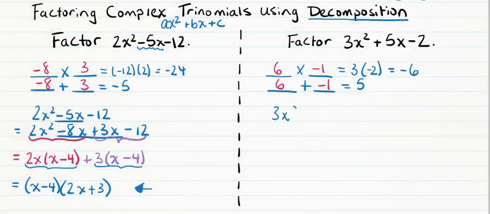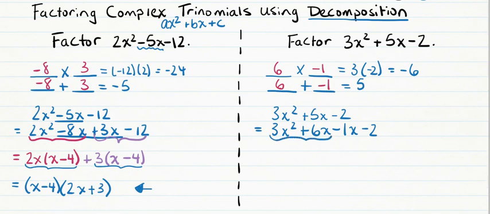So we have that 3x squared plus 5x minus 2 is equal to, we're going to split apart that middle term of 5x by replacing it using the numbers that we just found. So we're going to replace it with plus 6x minus 1x. Now we're going to common factor out of the first two terms and then out of the last two terms.